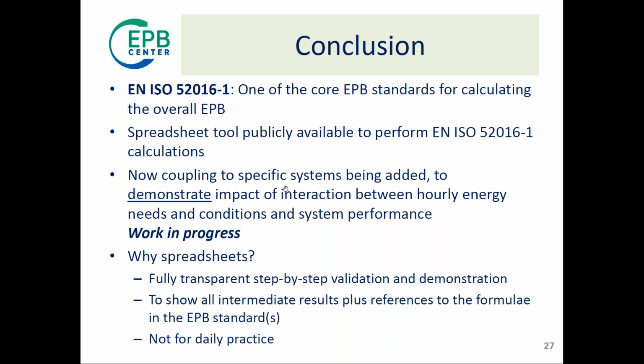And now coupling to specific systems is being added, not for practical use, but just to demonstrate the impact of the interaction between the hourly energy needs and the conditions on one side and the system performance on the other side. This is work in progress, and what I showed now were first calculations, and this will be continued.